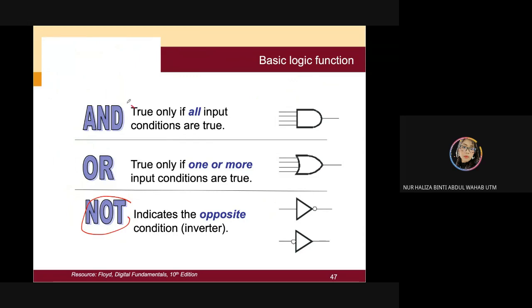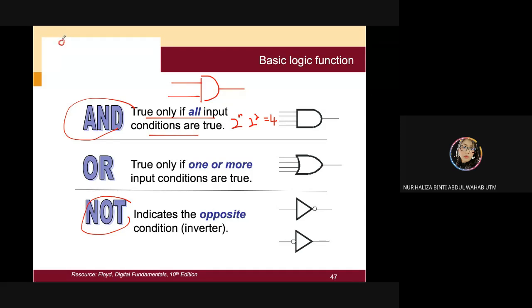How about the AND gate? You already know the condition, and I already informed you of 2 to the power of n, which is 2 to the power of 2. Let's say you have this kind of AND gate. So you have 2 inputs, so you're going to have 4 possibility. What are the 4 possibility of your input?